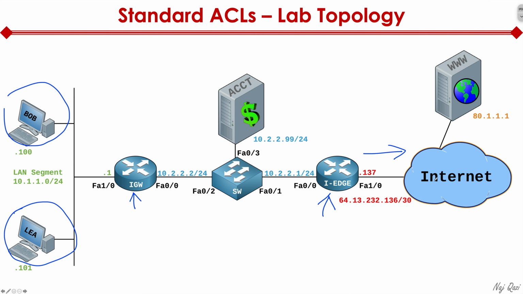This is how our topology is set up. And I'm going to use the same topology today to explain standard ACLs, extended ACLs, and named ACLs, because that makes it easier to constantly look at the same topology and refer back to it.